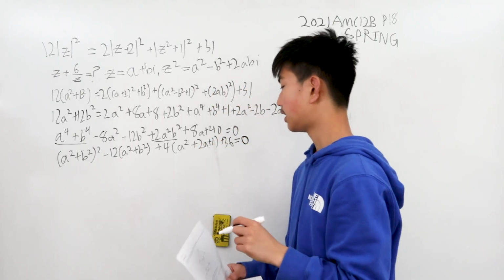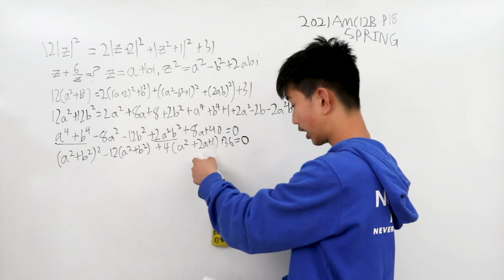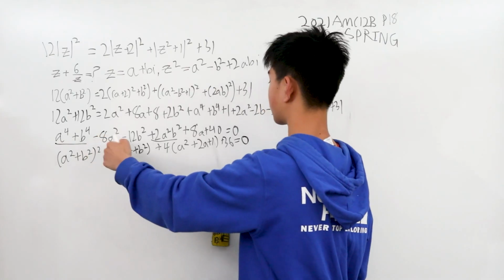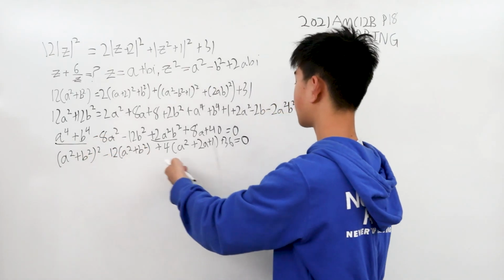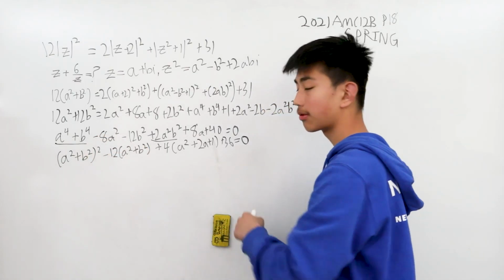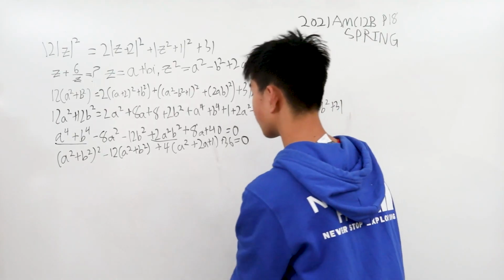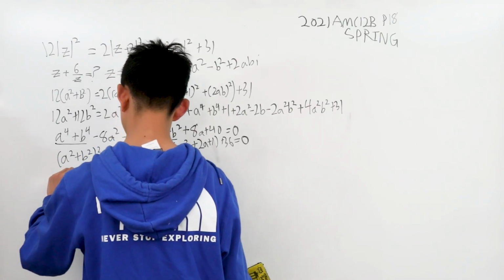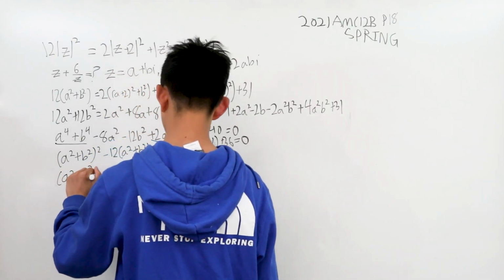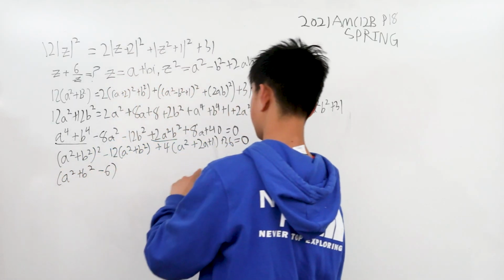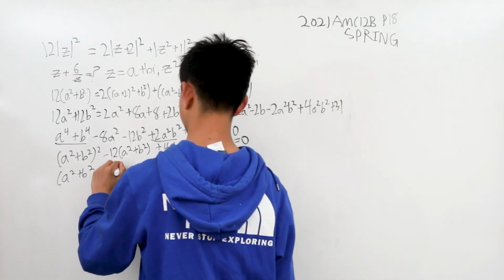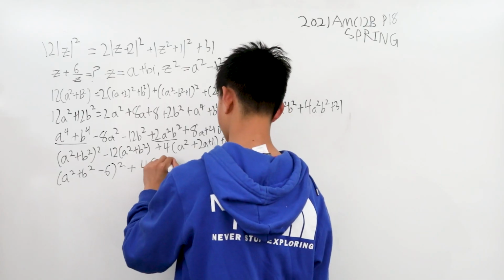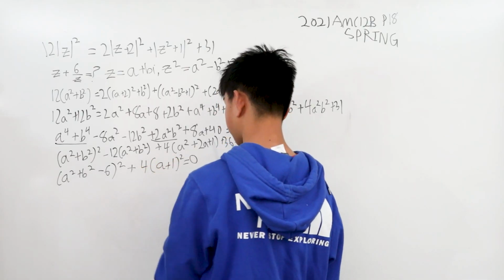And now we see that this can become a perfect square, and all these other terms, a squared plus b squared, squared, minus 12 times a squared plus b squared, plus 36, those three terms can be a square. So we get that this is a squared plus b squared minus 6, since the square root of 36 is 6, and then you add 4a plus 1 squared, which is 0.